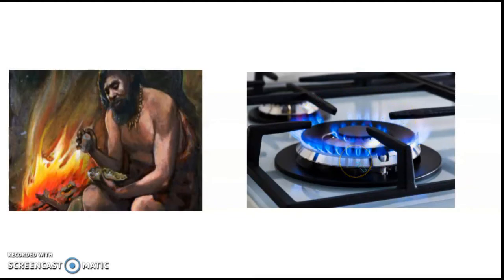So from the introduction itself you might have understood that this chapter is based on fire, its production and various methods of its production, and also about flames and their various parts.